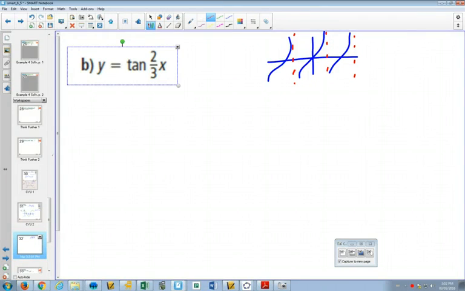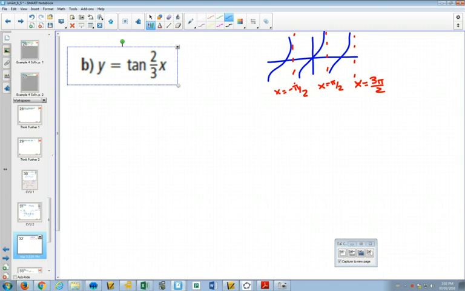The key to graphing this one, when you're going to squish it or stretch it horizontally, is knowing where these asymptotes are. And the first one is at pi over 2, negative pi over 2, and 3 pi over 2. Basically, your asymptotes on your unit circle are where tangent is not possible.